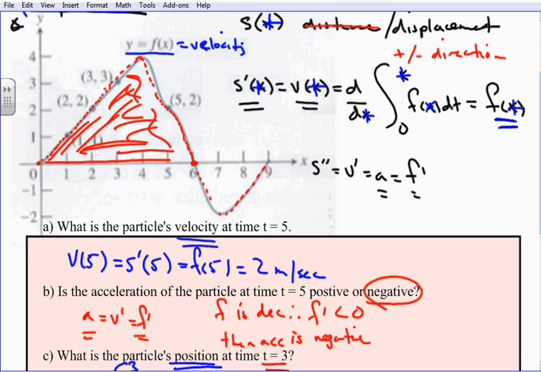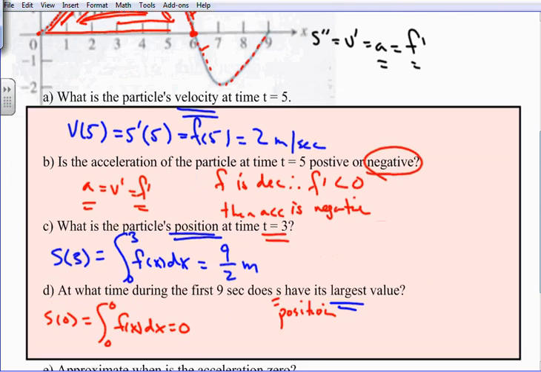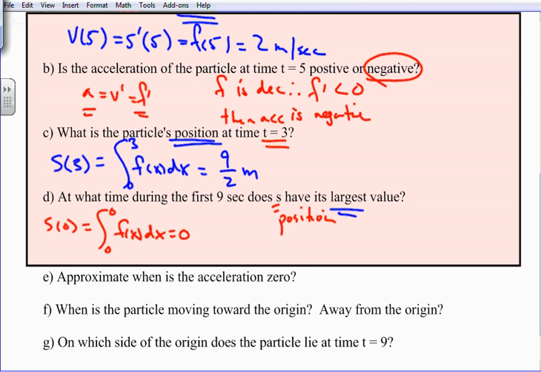Remember, s prime is velocity. Since velocity changes from positive to a negative value, this would be the maximum, the largest value. So at what time? It appears to be when t equals 6.